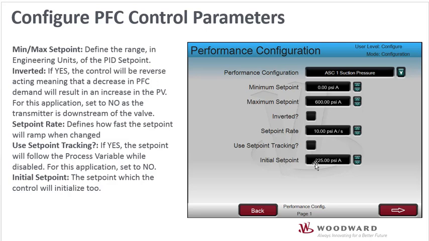So we'll set that up with the known value we want to control to at first. However, if you do check set point tracking, then during your startup sequencing, the set point just follows the process variable, so that once you go into PID control, that is the set point that the unit uses. So it allows for a smoother transition into PID control, but then your operator's got to go in and set the pressure set point to the desired level.